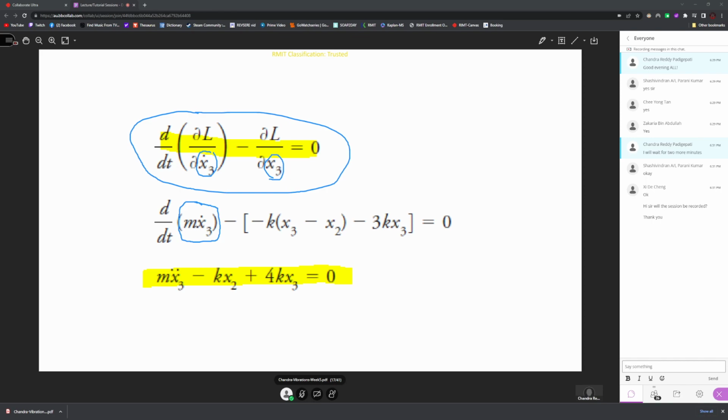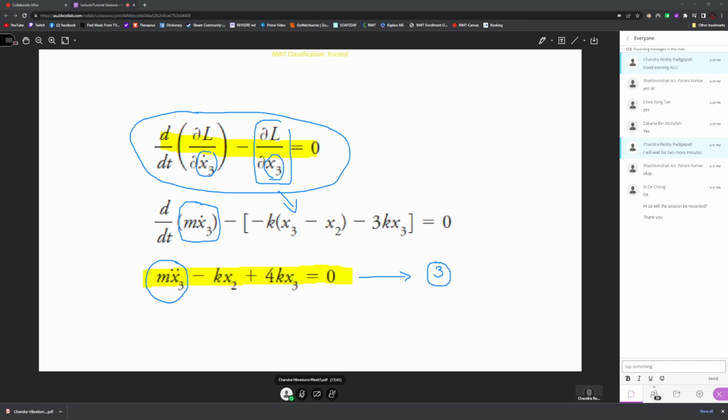Then the full derivative of this results in m x3 double dot. Then negative the partial derivative of L with x3, so you'll have three terms here. Once you complete this differentiation and consolidate, you get the third equation of motion. So this is how you can apply the Lagrangian method to find the equations of motion.